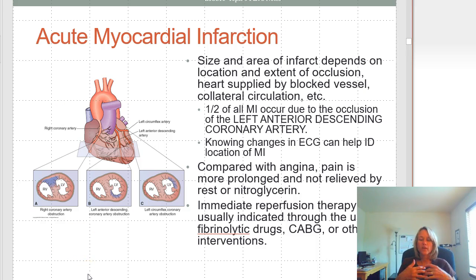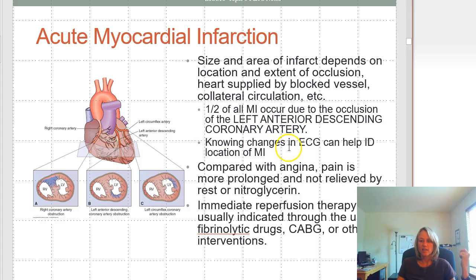Okay, the size and the location of the infarct is going to depend on the location and extent of the occlusion. So it depends on which coronary artery is blocked and how much of the heart muscle that coronary artery supplies. About half of all myocardial infarctions occur due to occlusion of the left anterior descending coronary artery. This is called the widowmaker.